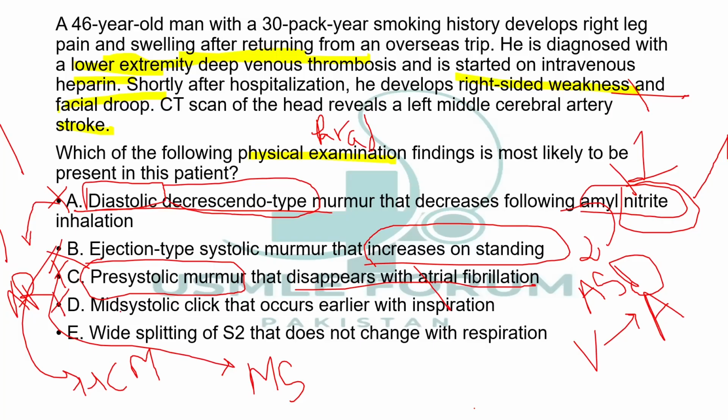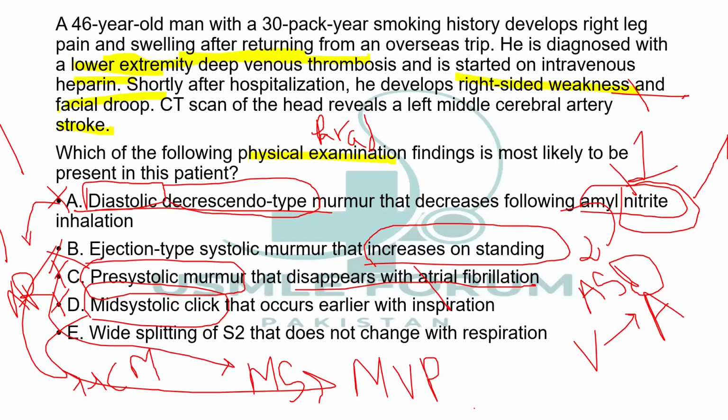Mid-systolic click is again the wrong answer, because classically, you have to remember, it points towards mitral valve prolapse. The high-yield association with this I can give you is Marfan syndrome or connective tissue disorders. Marfan syndrome can also present with aortic regurgitation due to the dilation of the aortic valve, and it can also present with aortic aneurysms.